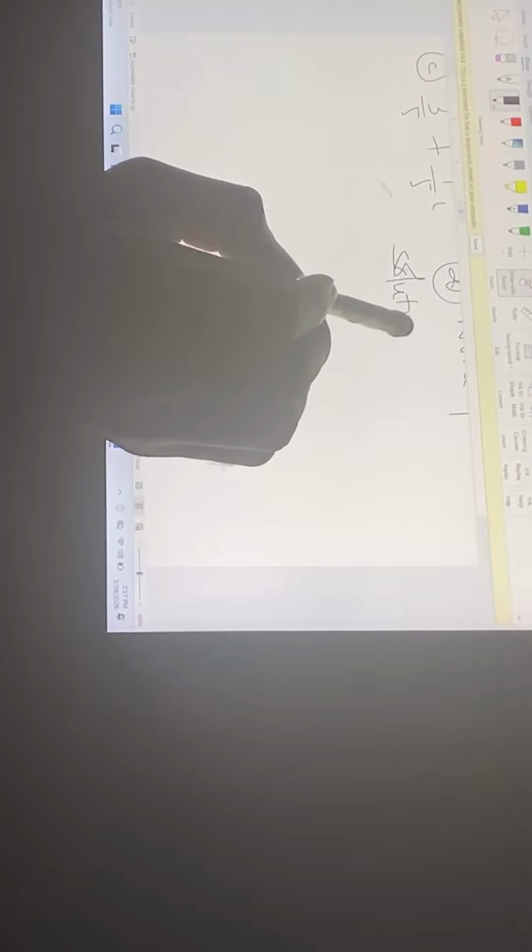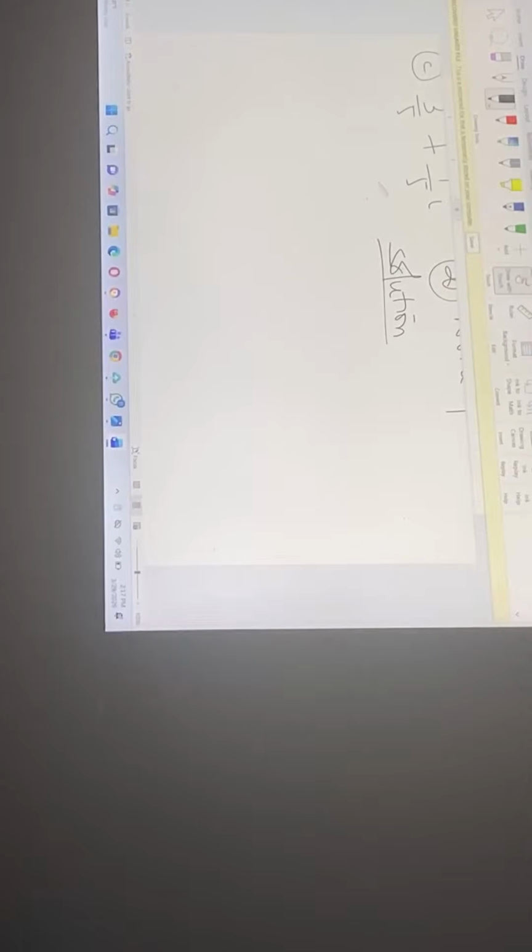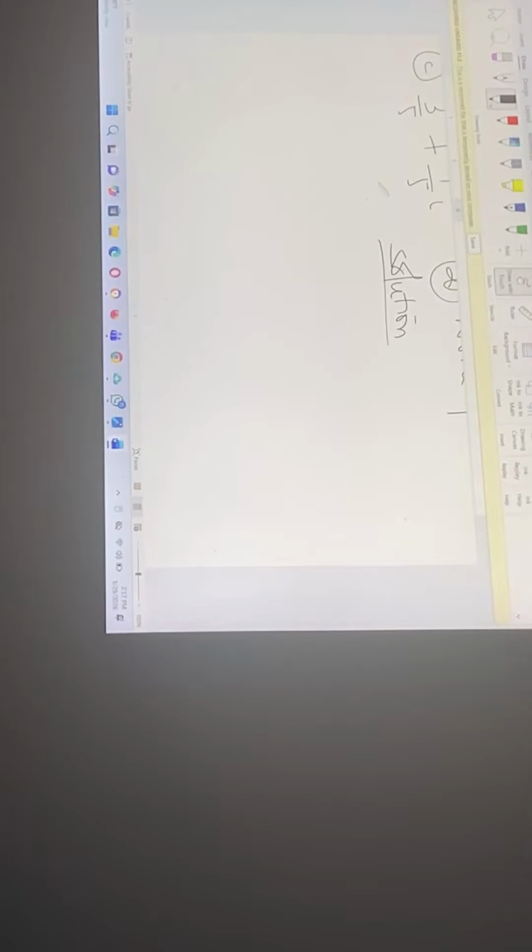So which one do you prefer? Is it the calculator shortcut or the solving? Please let me hear from the comment section, please. Is it the calculator or the solving? Which one do you prefer, please? Let me hear from you.